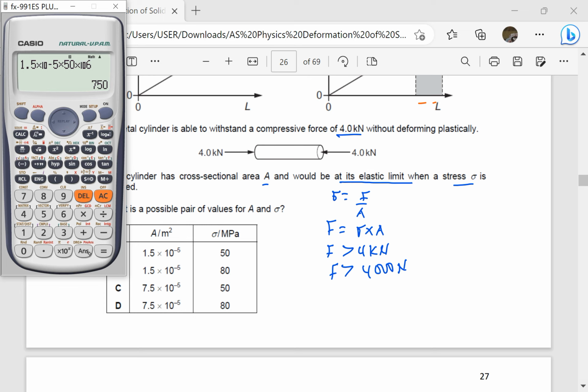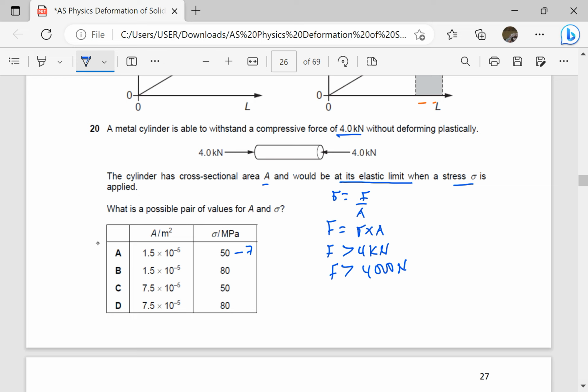That is 1.5 exponent negative 5 times 50 exponent 6. So this is giving us 750. Let's check the second one.